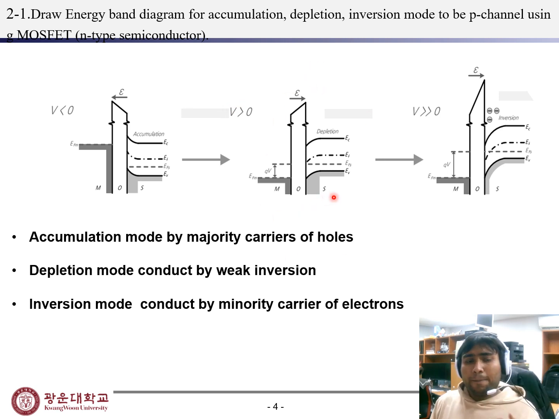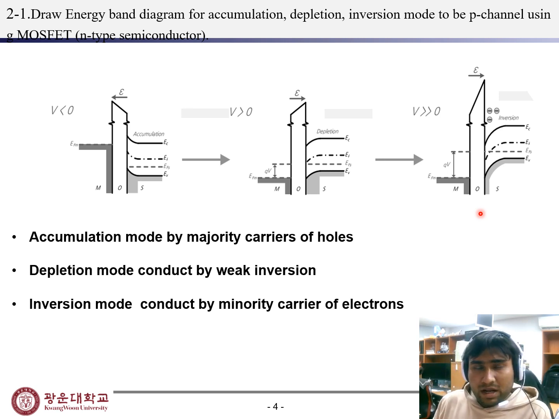When the bias voltage is increased much greater than 0, then we face the inversion layer. In an n-type semiconductor, the majority carrier is electron and the minority carrier is hole. When holes are created under the silicon dioxide, that creates an inversion layer, inversion mode.